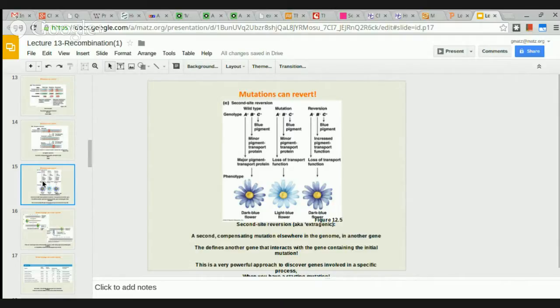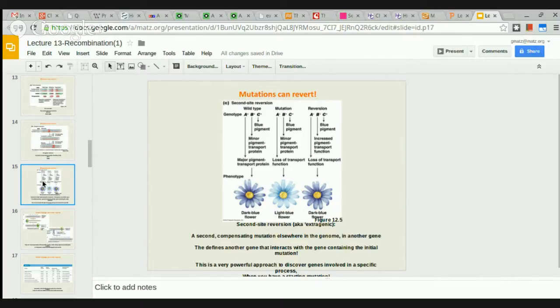And let's say this is a mutation in gene A that prevents the effective transport of that product and leads to decoloration. Well, you could have a mutation in another gene, say B, completely separated from the first one, that in fact leads to an increased transport function.